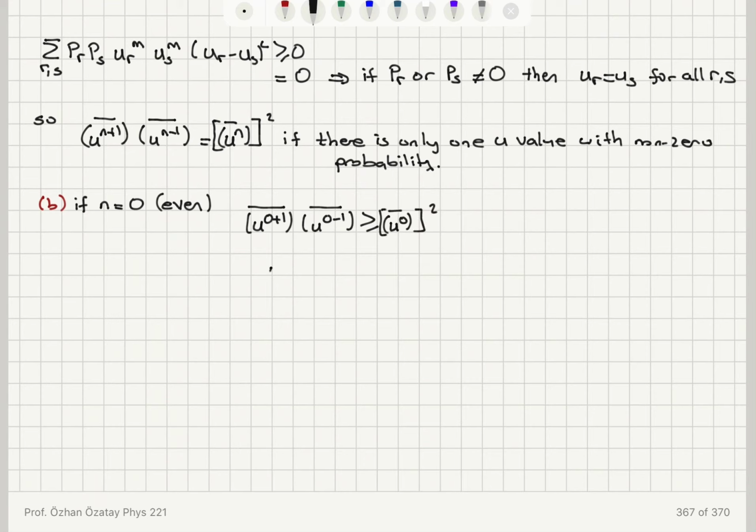So that means the mean value of U multiplied with the mean value of 1 over U is greater or equal to 1. So this implies that the mean value of 1 over U is greater or equal to 1 over the mean value of U. And this happens for n equals 0, which is even.